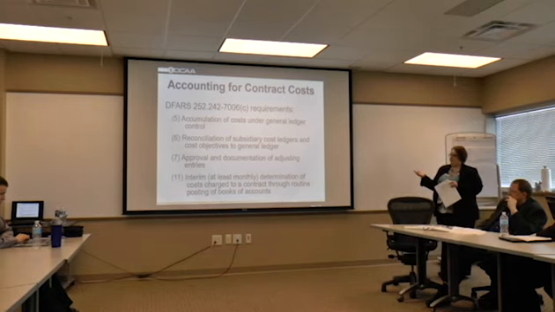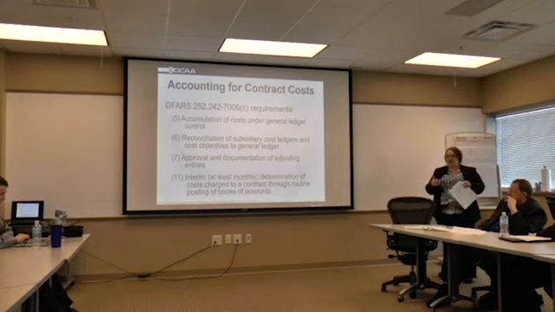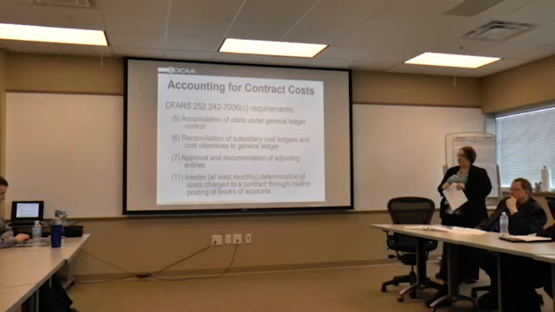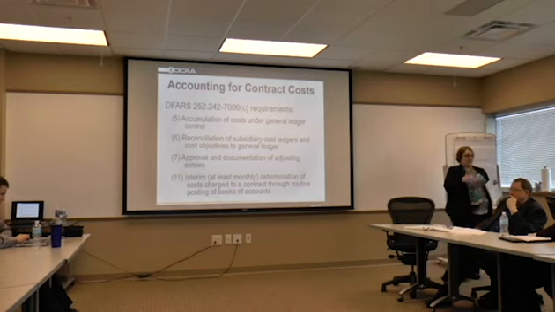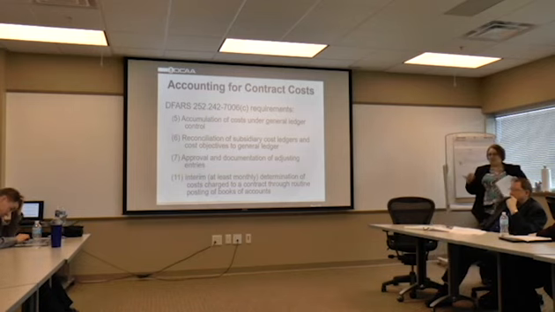Approval and documentation of adjusting journal entries. If changes are made after you post to the general ledger, after you say these are the costs that we incurred, and then you look at it and say, oh, I accidentally improperly classified something, you make an adjusting journal entry.